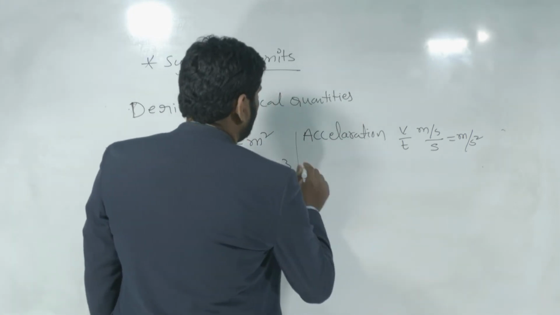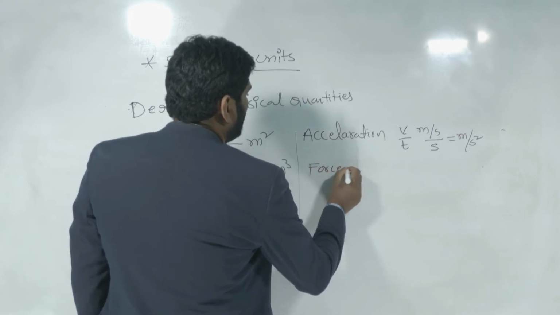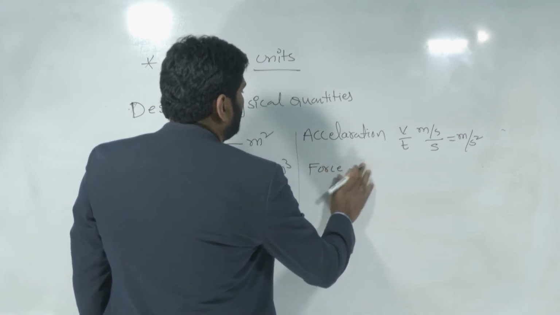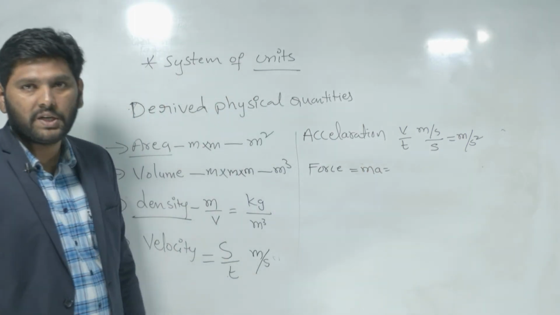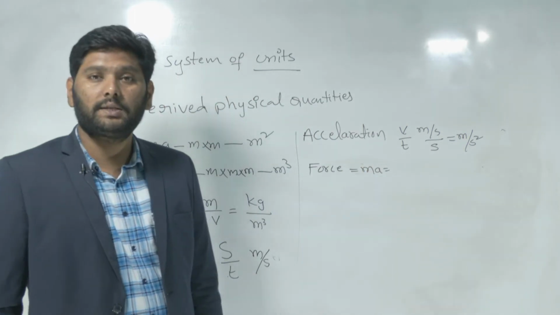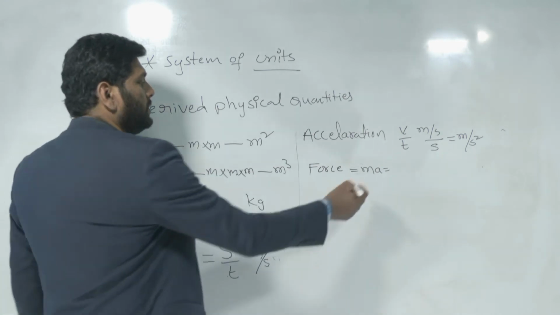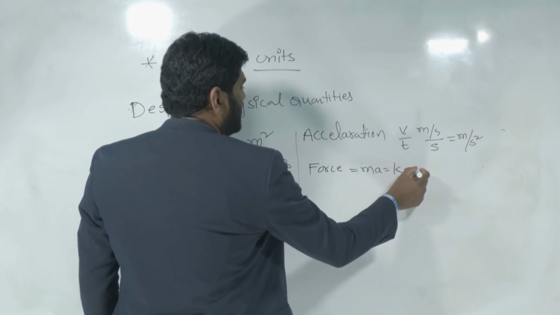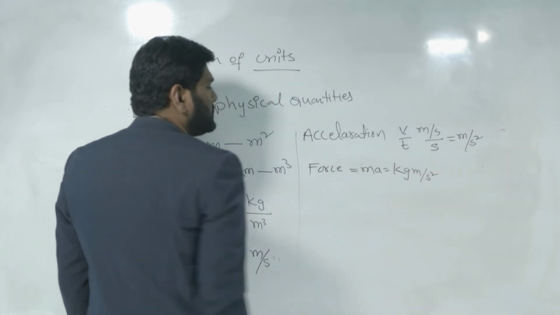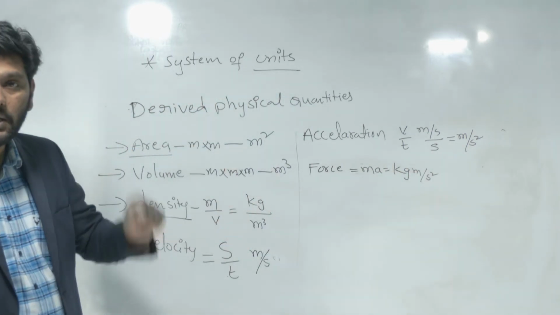Force is nothing but mass into acceleration. Force formula is generally mass into acceleration. Mass units are kg and acceleration units are meter per second square. So finally kg meter per second square.